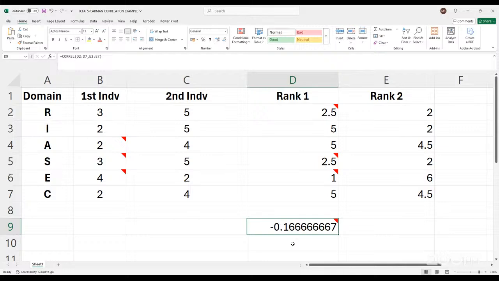Therefore, we must be very conscious about why it is negative. For example, the first individual is the father and the second individual is the son. And you have noted that the relationship with respect to the interest pattern differs between the father and son.